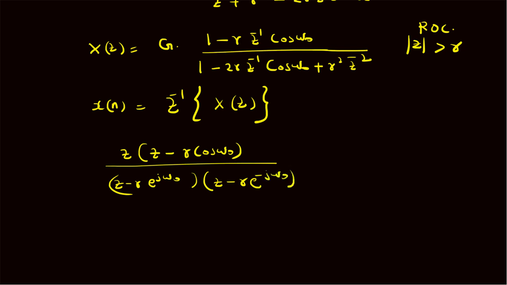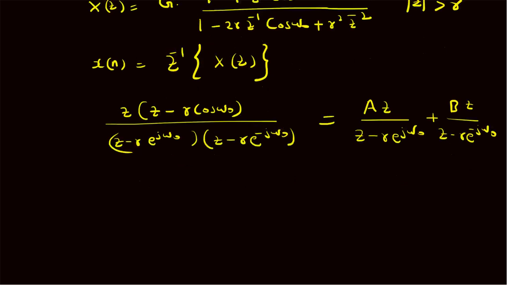Now we want to write this expression as a sum of two partial fractions. It can be written as A z over z minus r e power j omega naught plus B z over z minus r e power minus j omega naught. That is the expression of this ratio as partial fractions. Now we have to find the coefficients A and B.